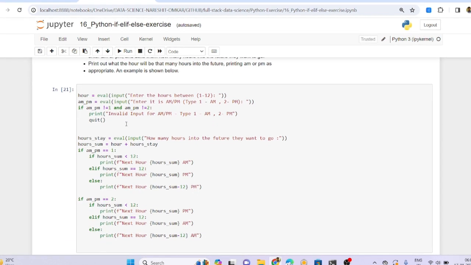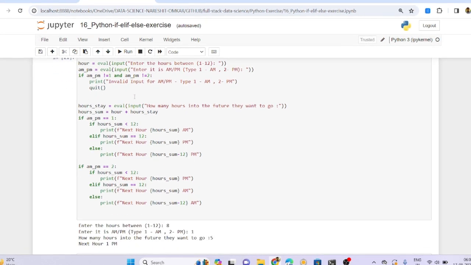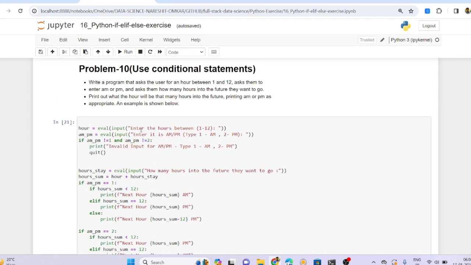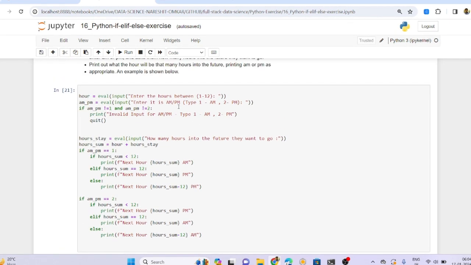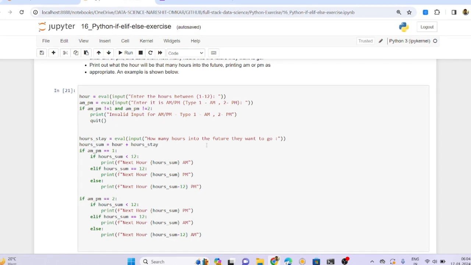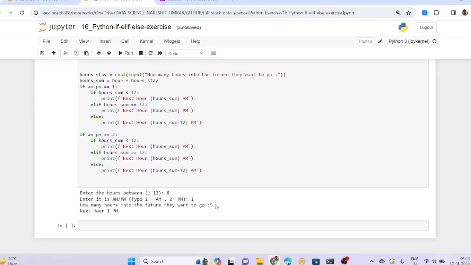So here I am asking what is the present hour, enter the hours. Let us say 8. So what is the AM or PM? I am printing 1 for AM, 2 for PM. So first one is AM, and now I am telling how many hours in the future they want to go or they want to stay. Here I entered 5.